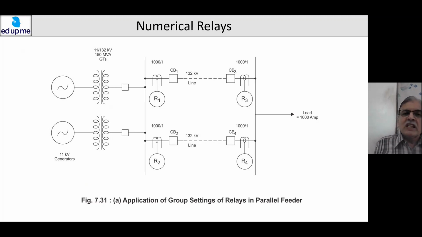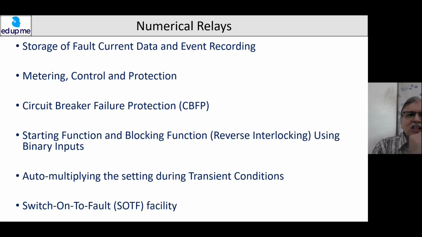Not only that, but they give us about 16 binary inputs and 16 binary outputs. So with these things, the relay takes us to very good protection, very good sensitivity, very good reliability. And the best thing is much more availability of the power system for more time. So that is the advantage.